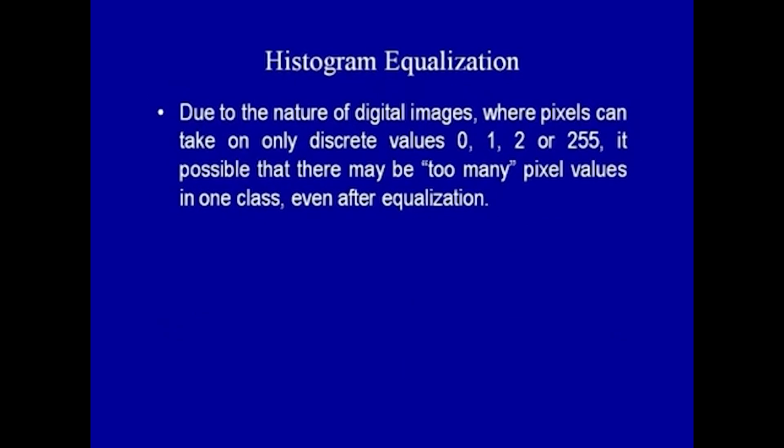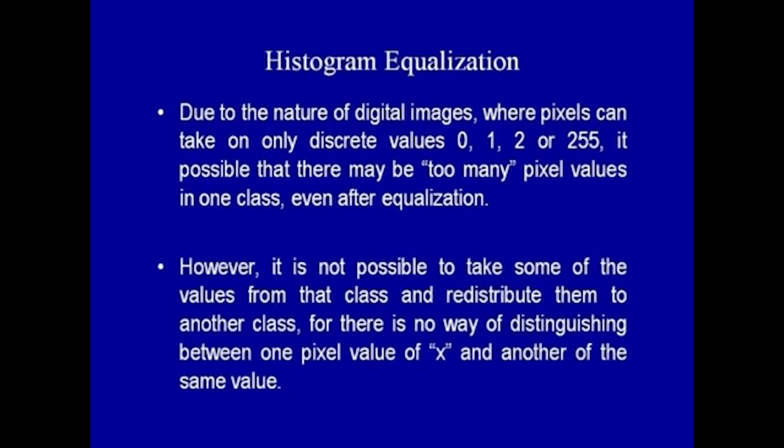Due to the nature of digital images, where pixels can take only discrete values 0, 1, 2 up to 255, there may be too many pixel values in one class even after equalization. However, it is not possible to take some of the values of that class and redistribute them to another class, for there is no way of distinguishing between one pixel of value x and another of the same value.